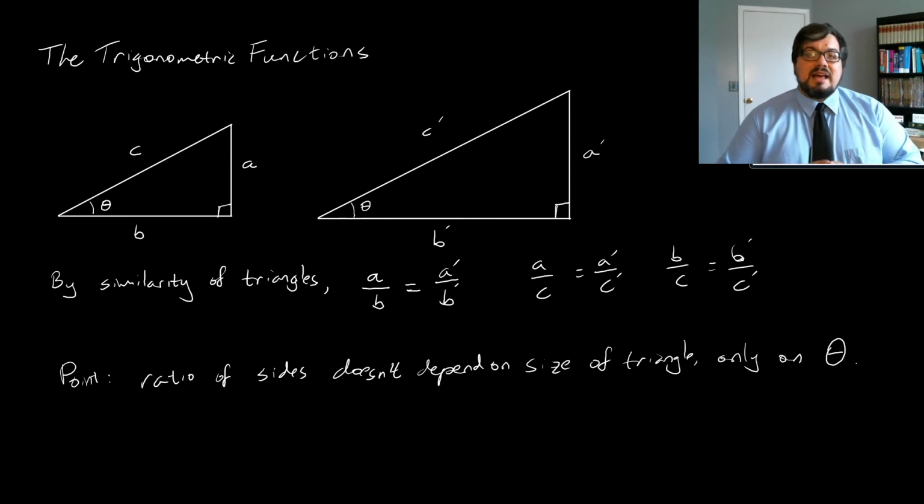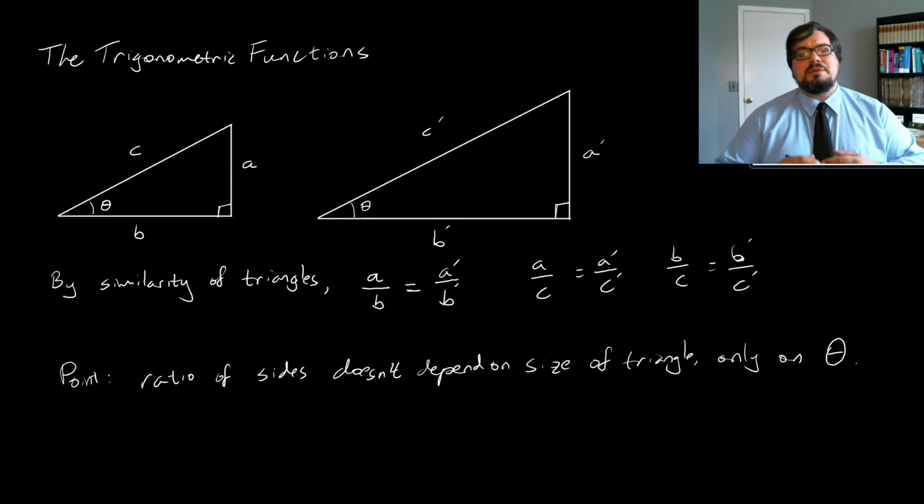What this means is that we can define a function, or really we're going to define 6 functions, that take as an input the angle theta and give as an output the ratio of sides of a right triangle with one of the acute angles being theta.